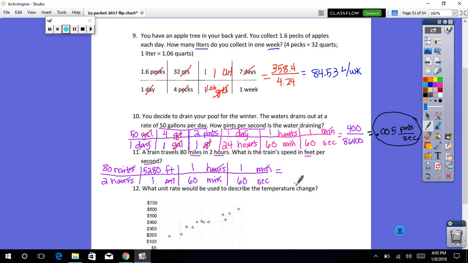Okay, so multiply across the top. 80 times 52, times 1 times 1. That leaves us with 422,400 on the top. 2 times 1 times 60 times 60 is 7,200 on the bottom.